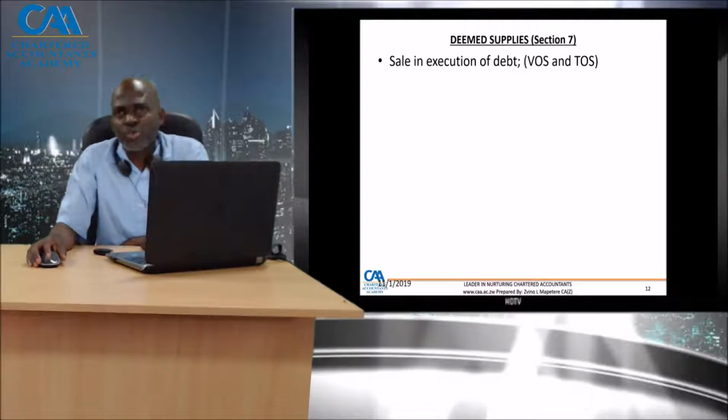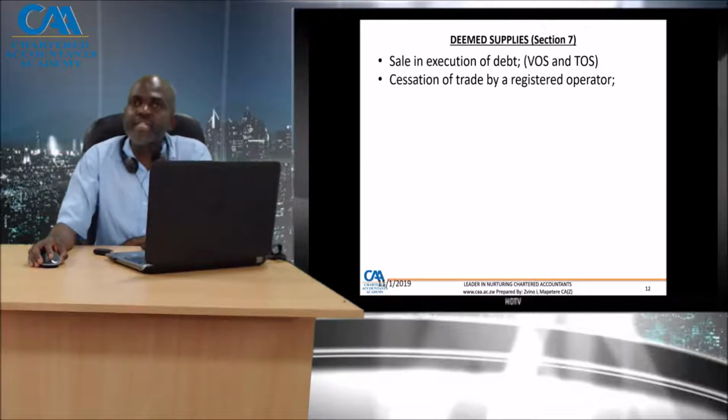A has not really sold goods, but the seized goods, if sold in execution of that debt, A is deemed to have sold. So in that section, you're now being given what the time of supply is and what the value of supply is.